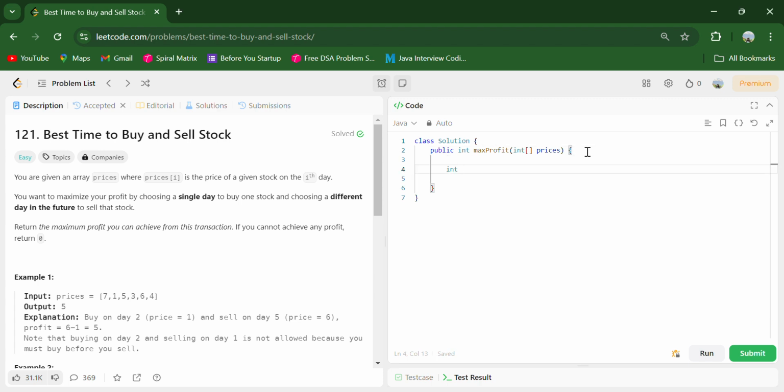So we will have a buying price, that will be the very first element of our array. Then we have a profit. Then we will run a loop from 1 to the entire length of the prices array.